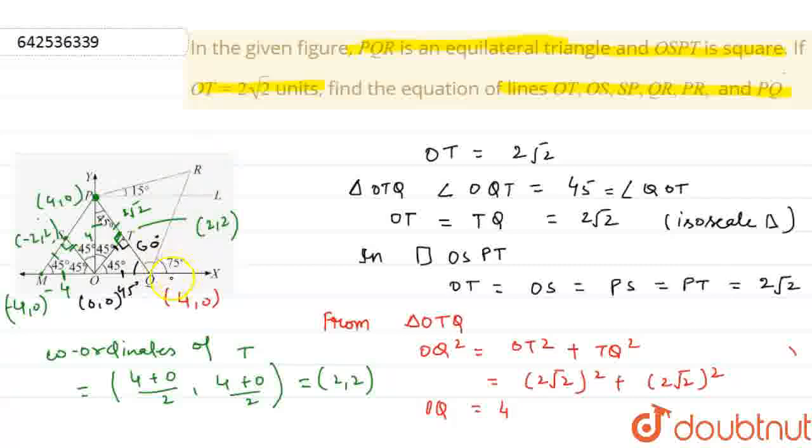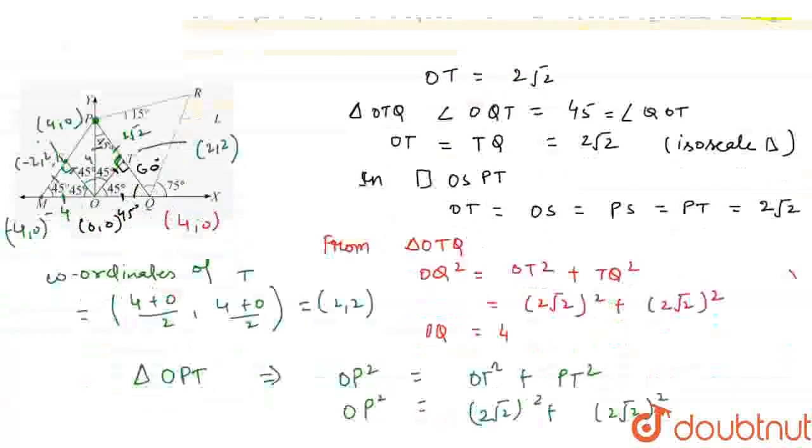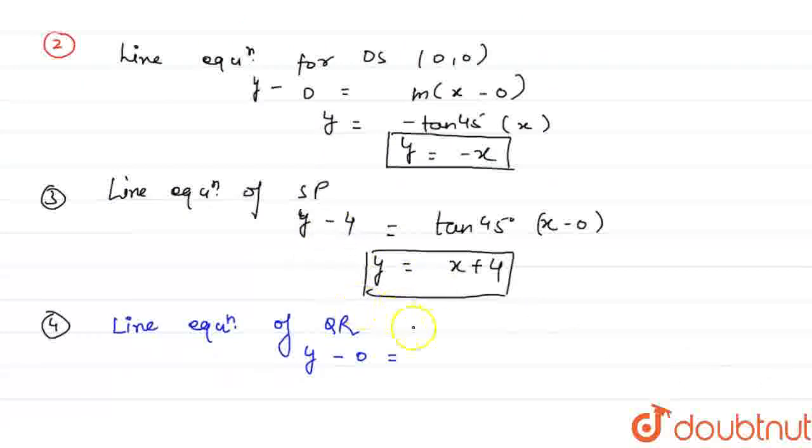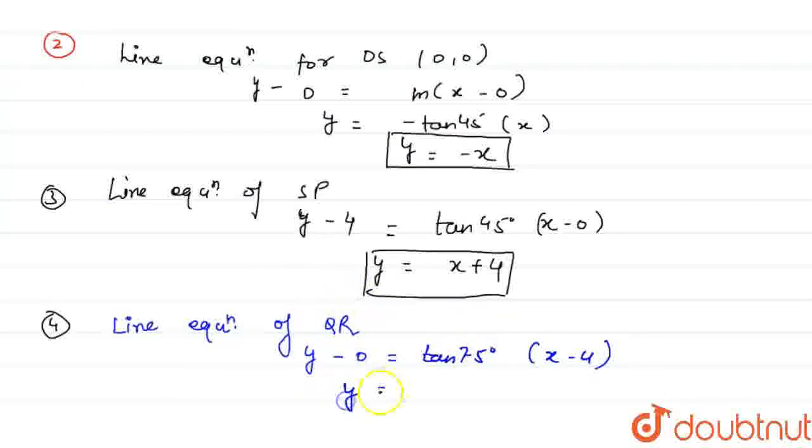RQ is passing with an angle of 75 degrees. So the slope will be m is equal to tan 75, x minus 4, right? So y is equal to tan 75, which is 2 plus root 3, into x minus 4.